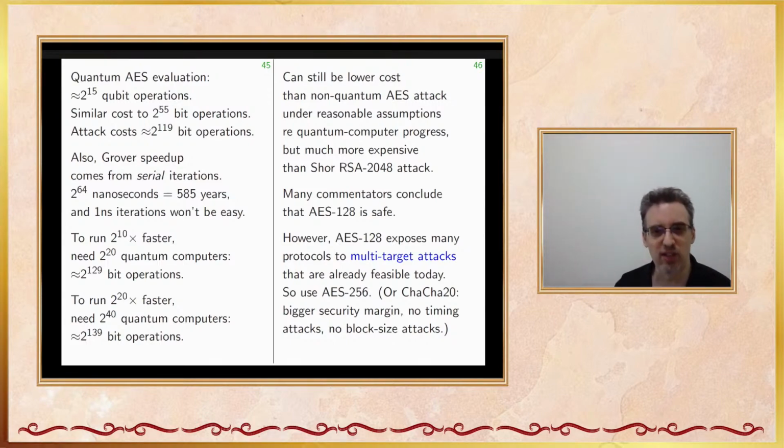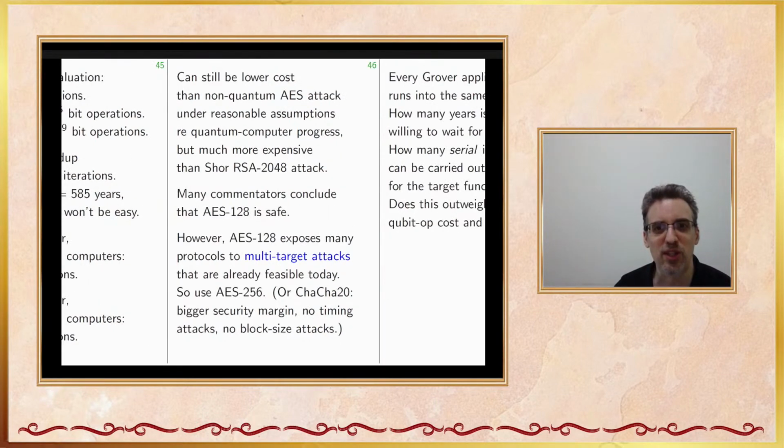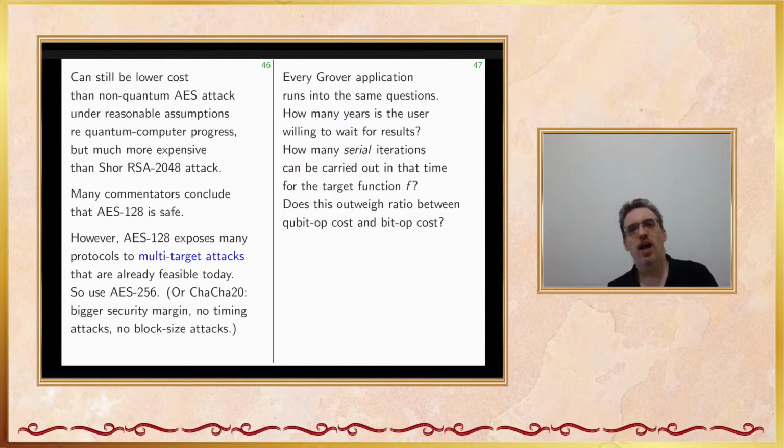Okay, enough advertising. Let me get back to the quantum cryptanalysis situation. Whenever you're using Grover's algorithm for quantum search, you always have to look at these questions of, okay, how many years is the attacker going to wait? I'm going to have the results coming out, say, 585 years from now? No, that's too long. How about 1 year?